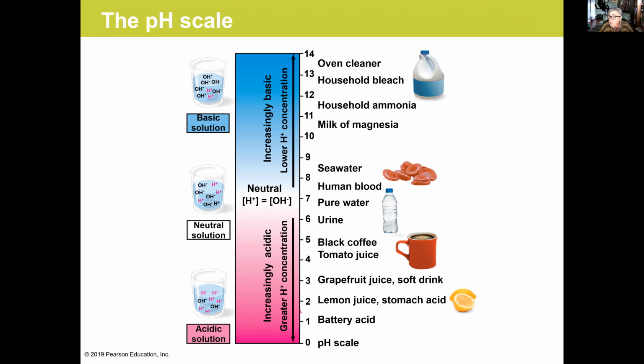That's where the number of hydrogen ions in the solution equals the number of hydroxide ions in solution. If you get more and more hydrogen ions than hydroxide ions, that becomes a lower pH, and that's acidic. If you have fewer hydrogen ions than hydroxide ions, that becomes basic, and that goes up from 7 to 14.